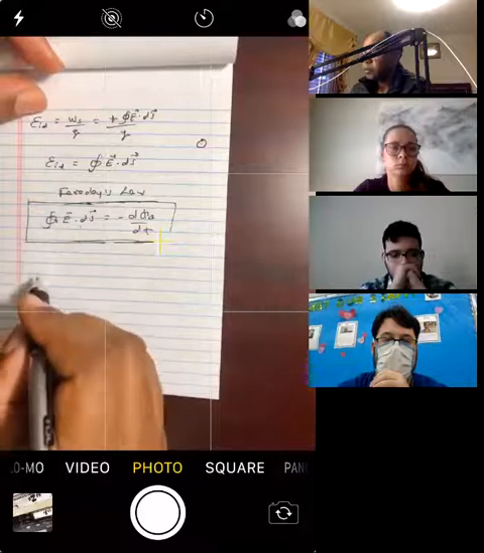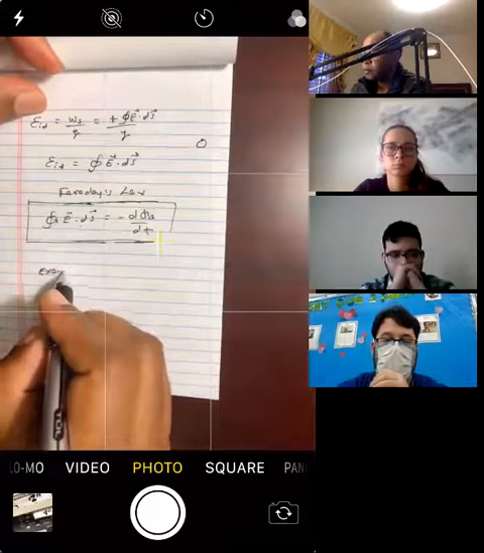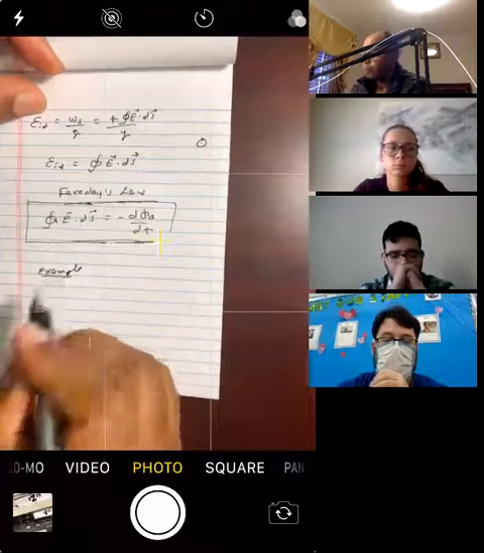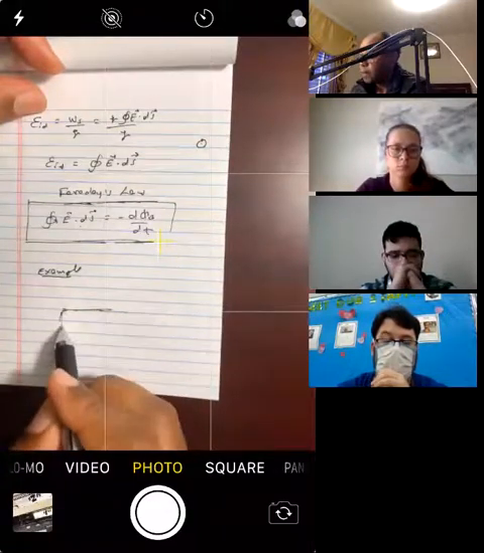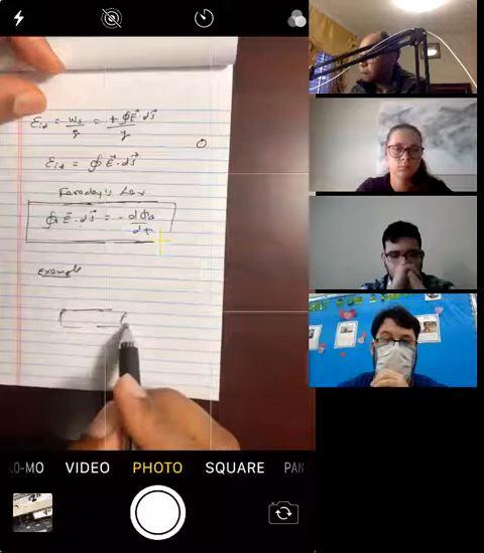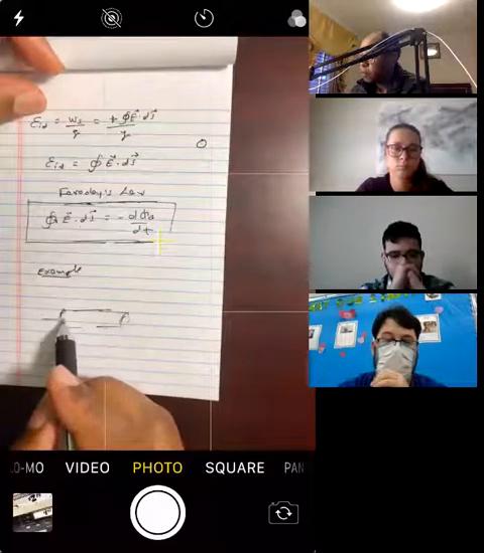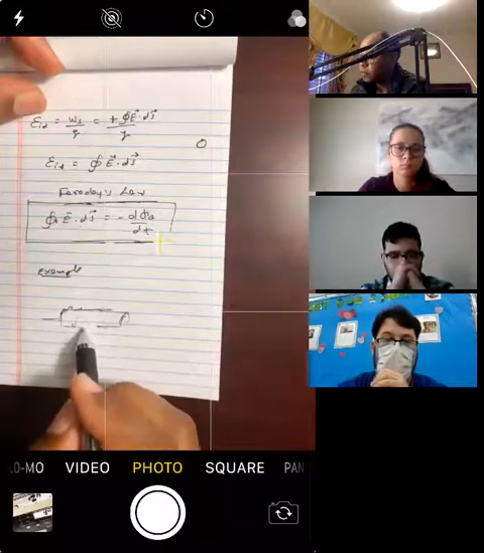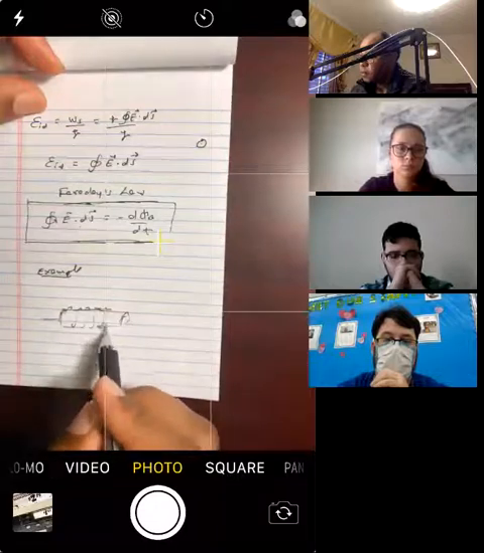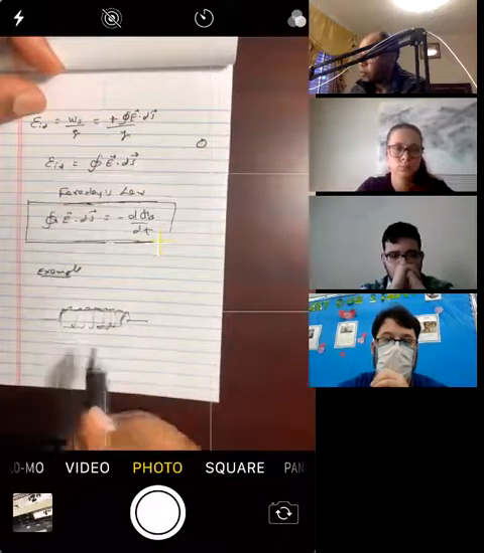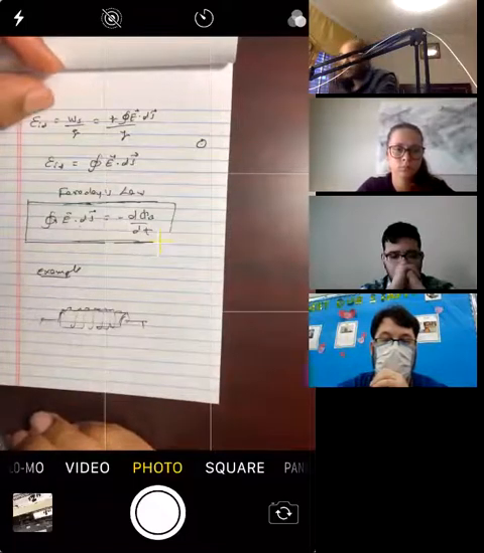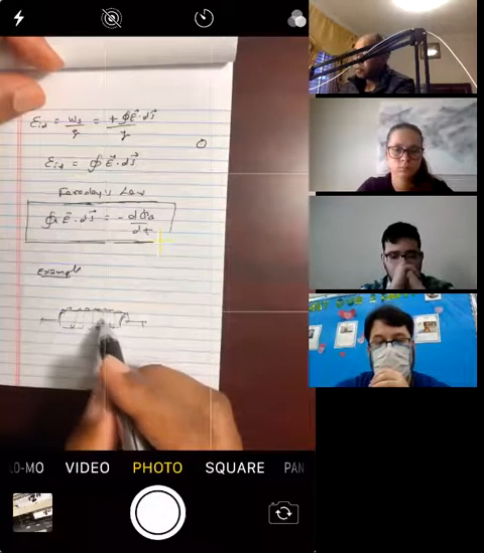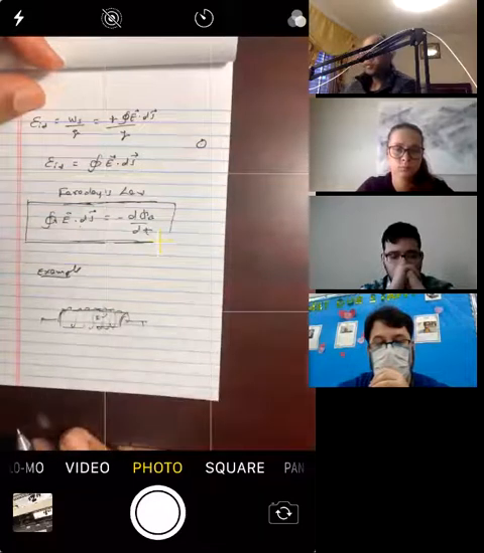All right, so let's look at an example. Suppose I have the following solenoid, like this. Let's say we have current I over here, counterclockwise like this.